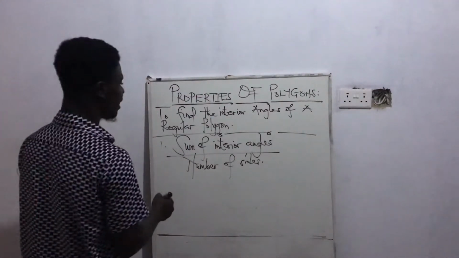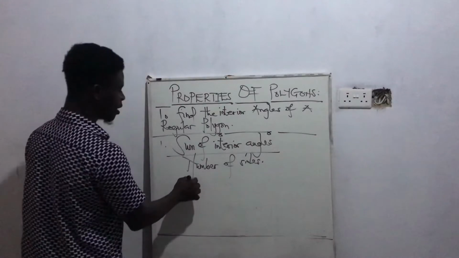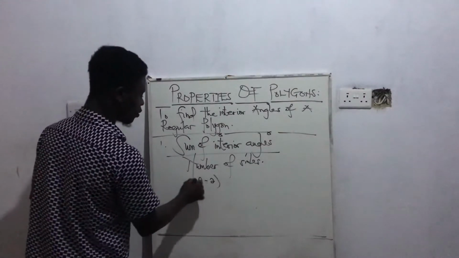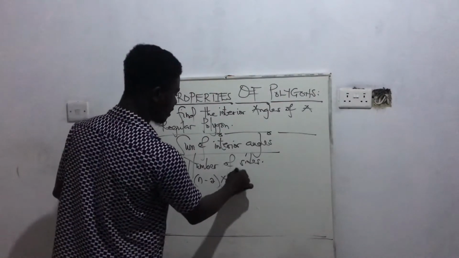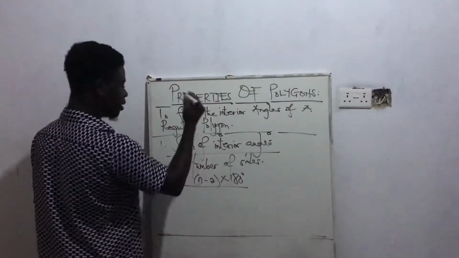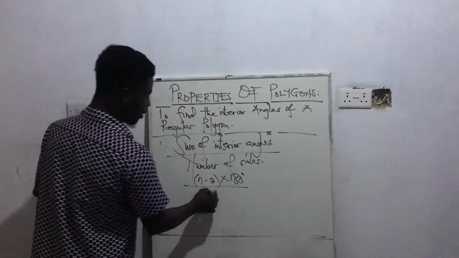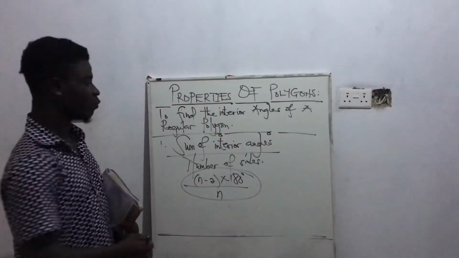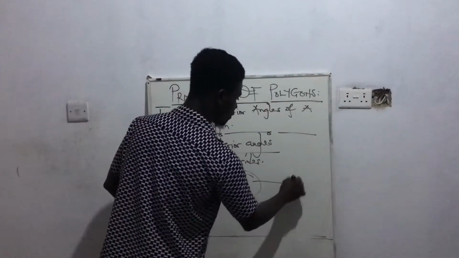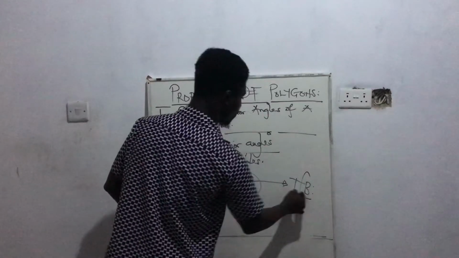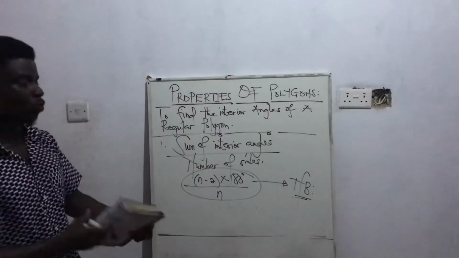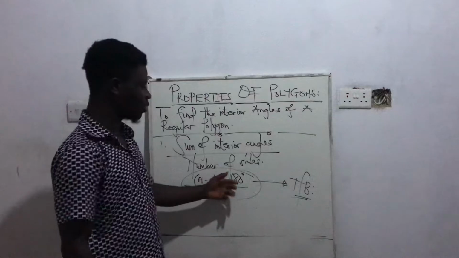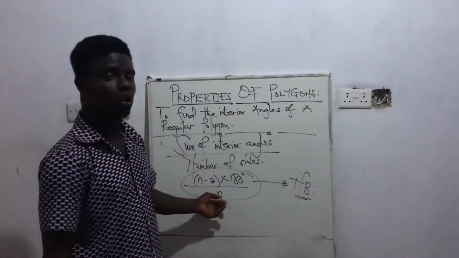So now you know that the sum of interior angles is given by the formula n minus 2 times 180 degrees. The number of sides will be n. So this is the formula, and you have to take note of it: n minus 2 times 180 degrees all over n.